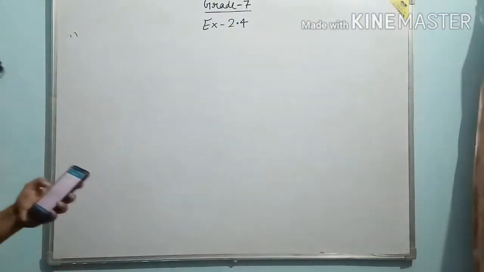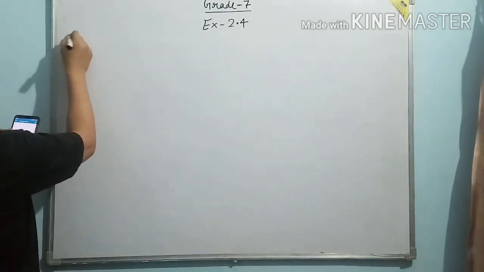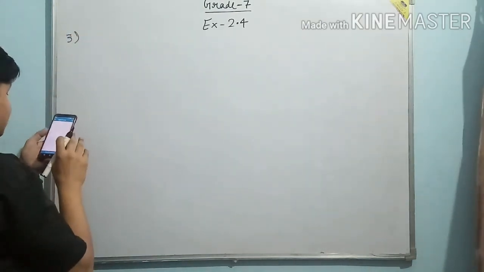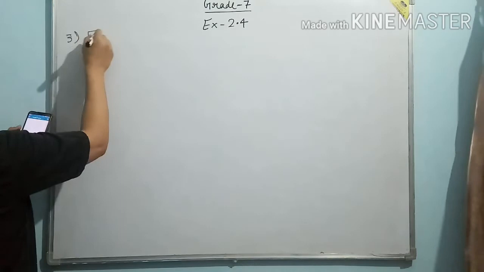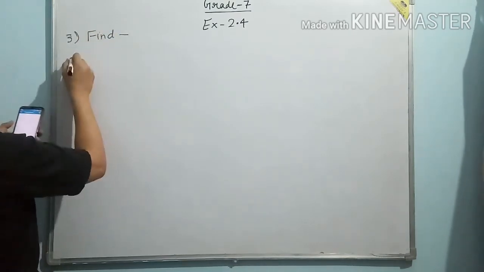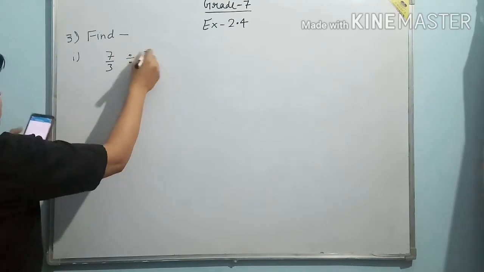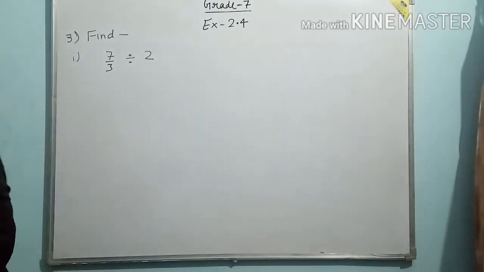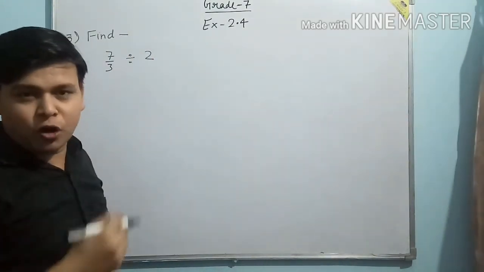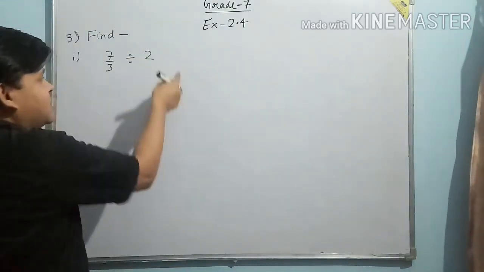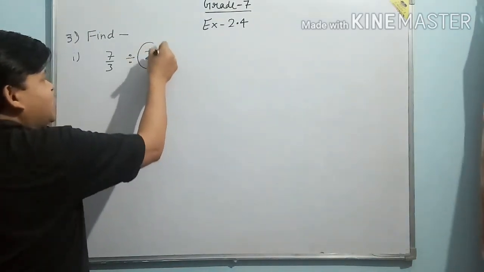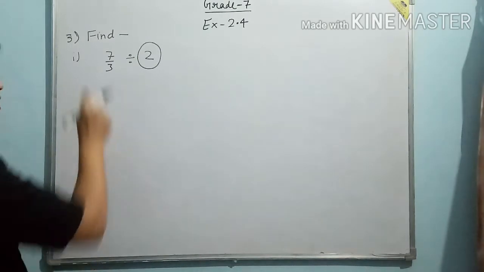Next is question number 3. This is question 3, find, once again find. First part is 7 upon 3 divided by 2. So children, as I told you, we always write the reciprocal of the number which is given after the divide sign. That means we have to write down the reciprocal of this number, not the first number.